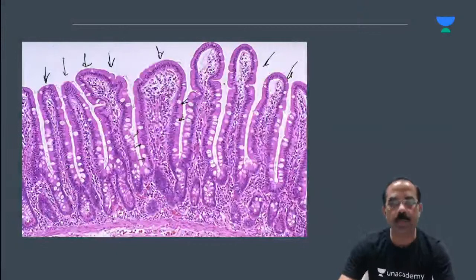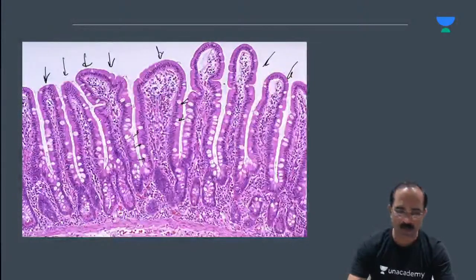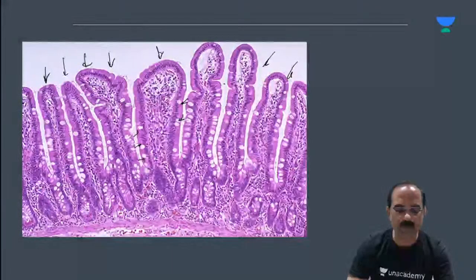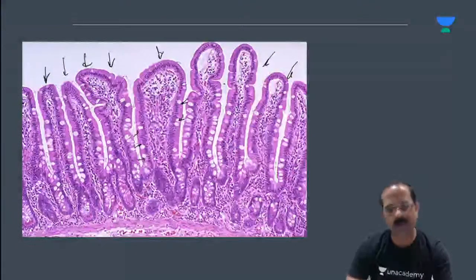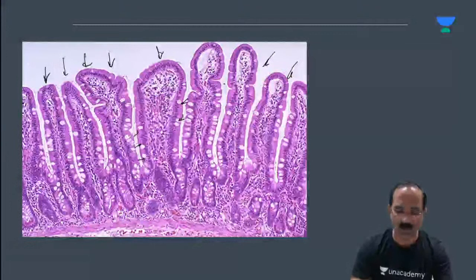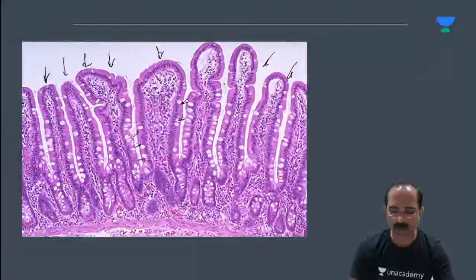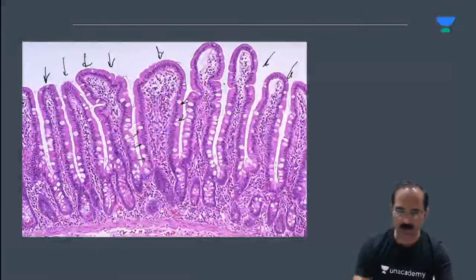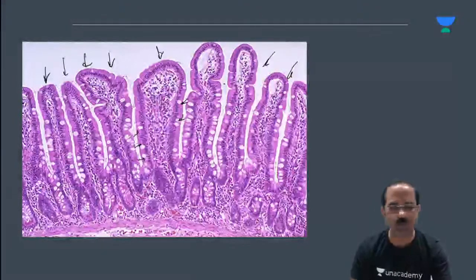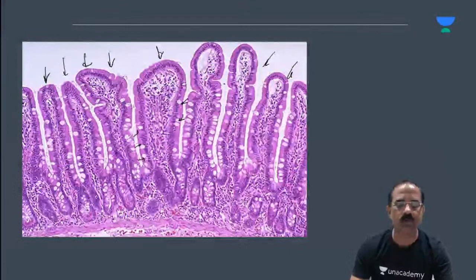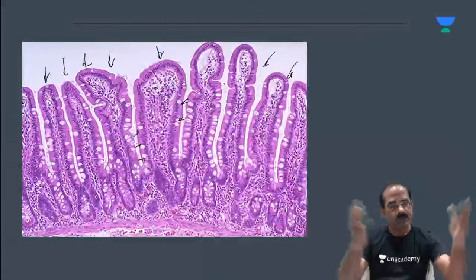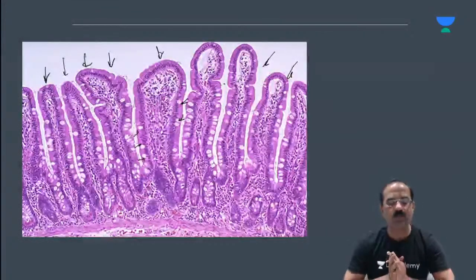Goblet cells come in between. Had this been large intestine, you would get all goblet cells. So this is a slide of jejunum. Peyer's patches are not seen, Brunner's glands are not seen.